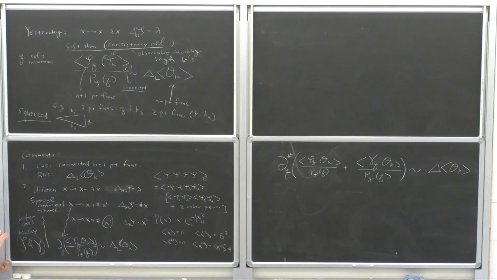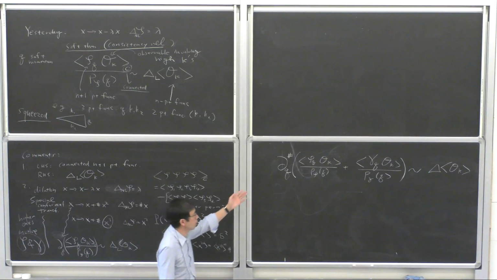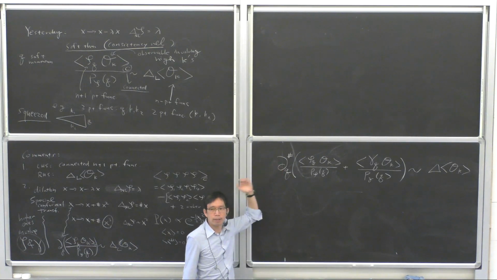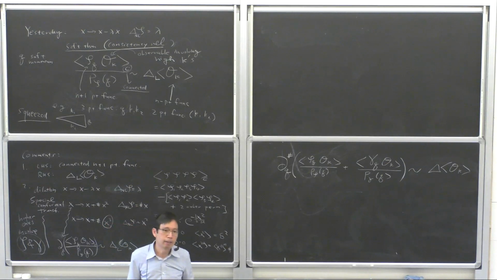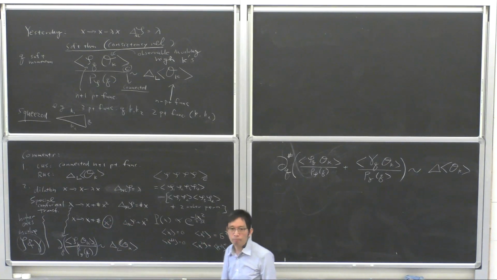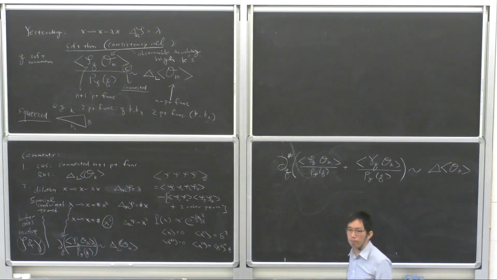And if you do that, order by order, there would be one of each of these that you can write down systematically, and they all produce something that schematically looks like this, a soft theorem that looks like this. Okay, good.